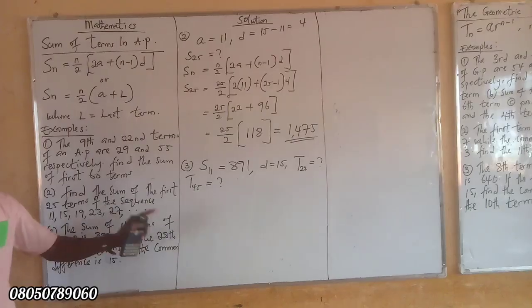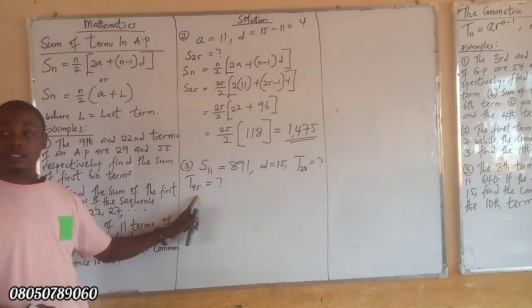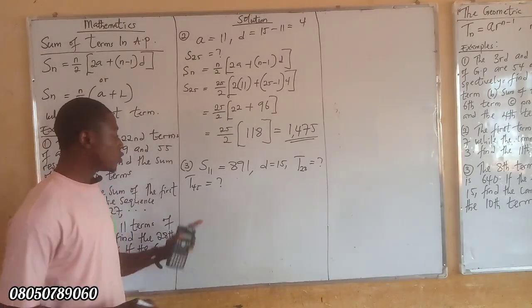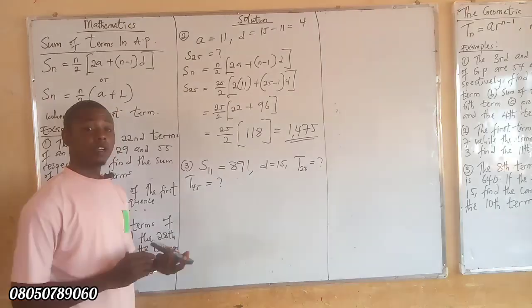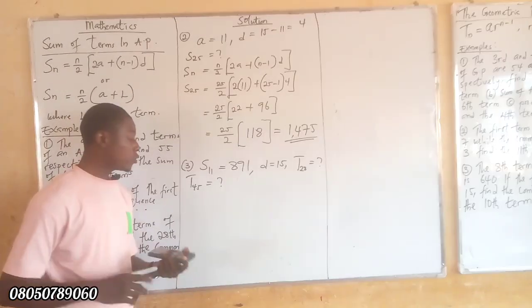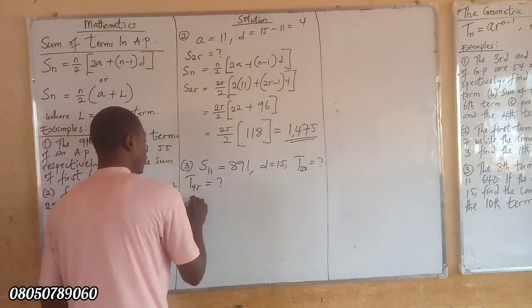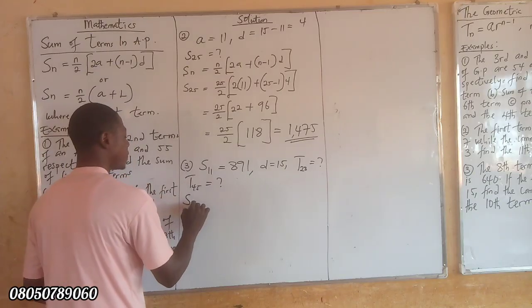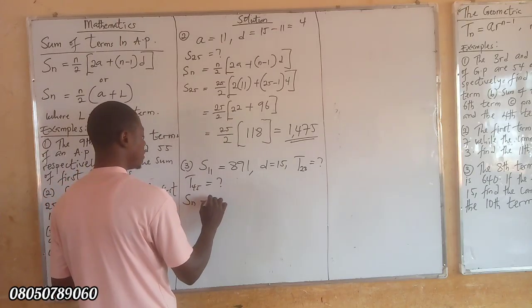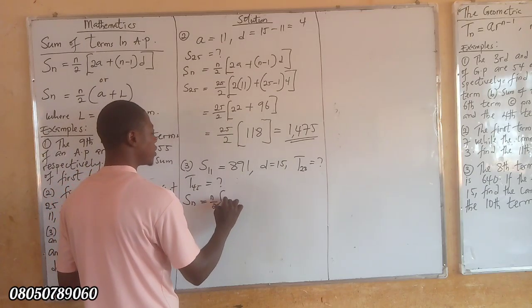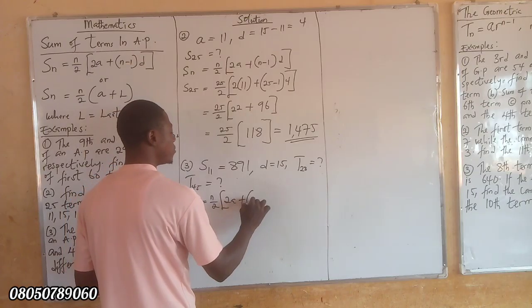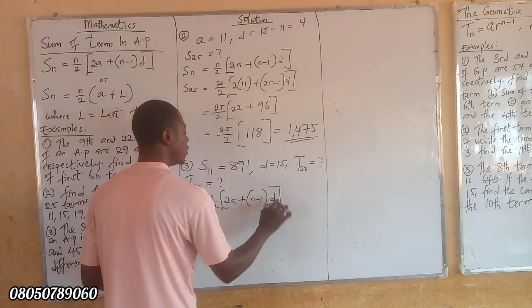All right, I have shown you how to solve the nth term in the previous video, so you can go and watch it if you don't know how to solve the nth term. Always follow the video sequentially. So now from here we say that our Sn is equal to, the formula is n all over 2, all in bracket of 2a, then plus n minus 1, close bracket, d, then in major bracket.